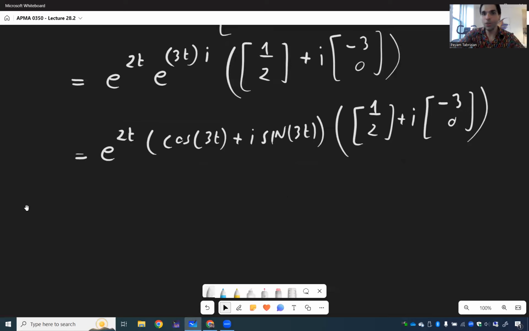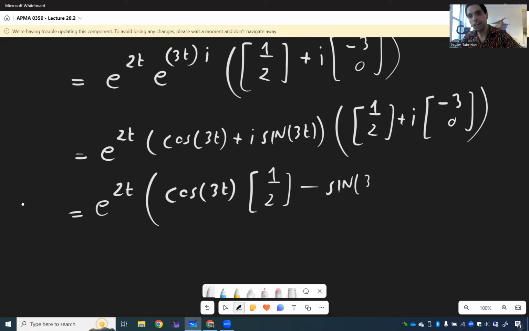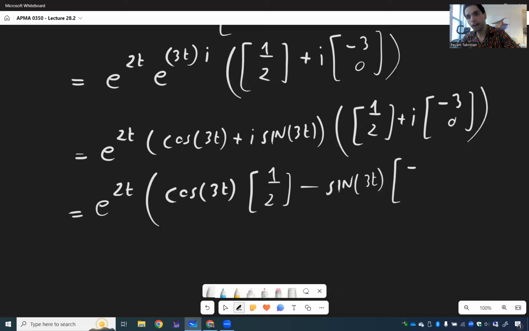Now, once again, you're all invited to the foiling party. So this gives you e to the 2t, times the cross terms, or more like the dot product terms: cosine 3t (1, 2), and then minus sine of 3t times (minus 3, 0). And again, I want to remind you, this minus comes from i squared.